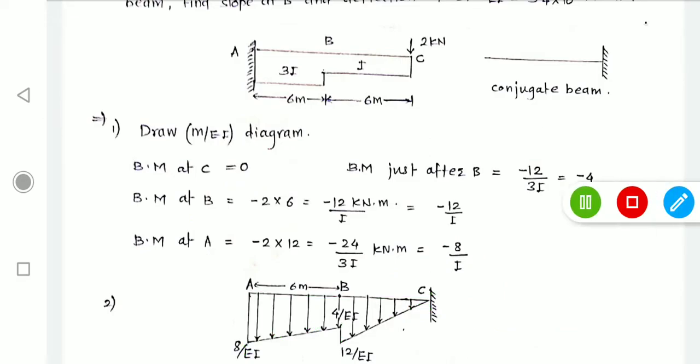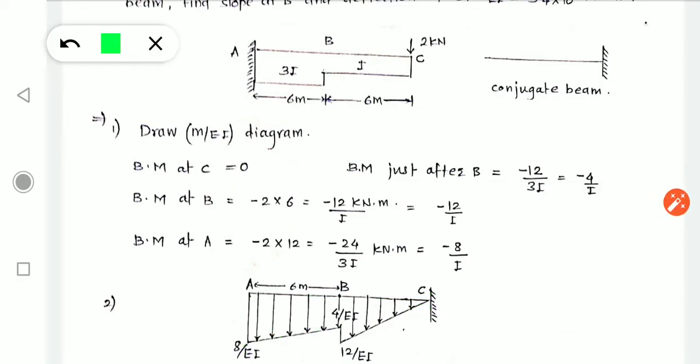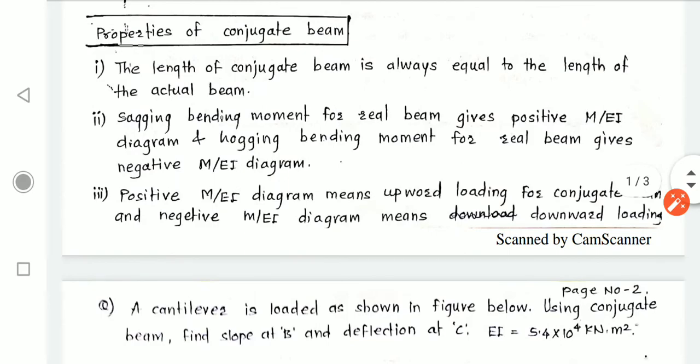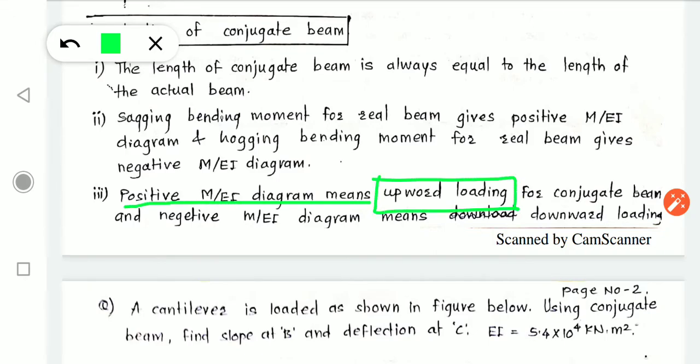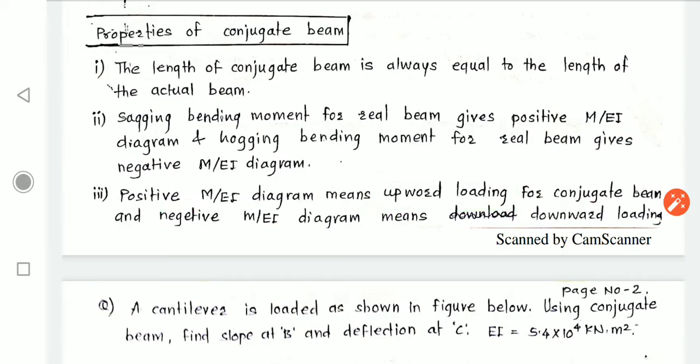Now you must be thinking about this loading. Why is this loading downward? Because now you can get the third property of the conjugate beam, which says that a positive M by EI diagram means upward loading. But we come across negative, because in the cantilever, whatever moment we get is a negative moment, right? So when drawing the conjugate beam, we come across a negative M by EI diagram.